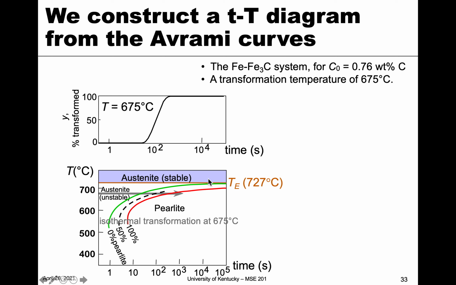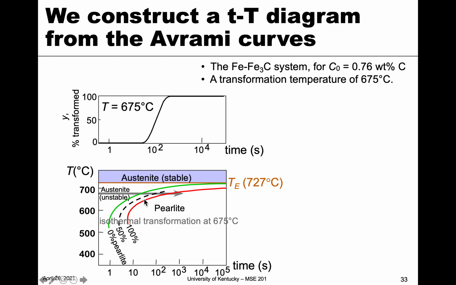And we can transfer that to the time and temperature graph that we see here. Ignore what's here for a second, and let's just go over what this is. On the bottom is time in log again. And then on the y-axis, instead of the amount transformed, we're looking at temperature. Here at 675, we want to transfer the data from the Avrami curve.